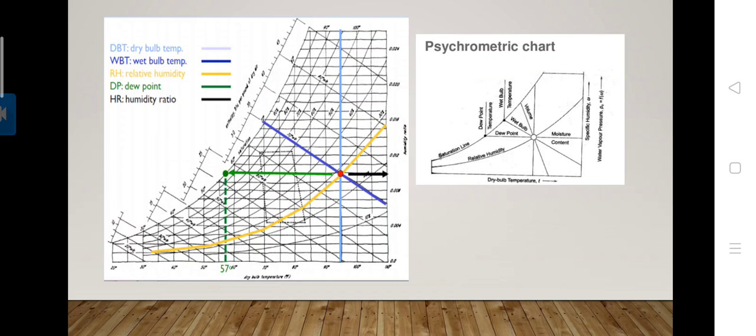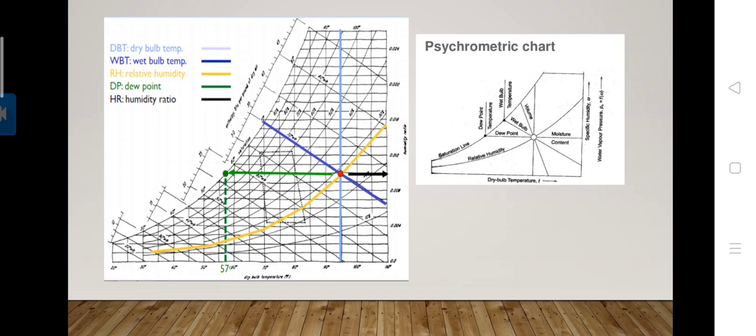Apart from the psychrometric chart, a scale is also there, and a reference point is marked on it. The SHF scale, the sensible heat factor scale, is at the extreme right corner of the psychrometric chart.